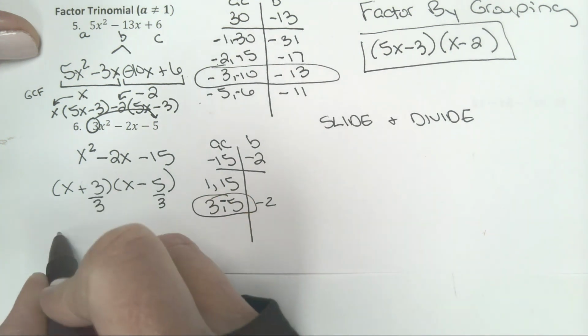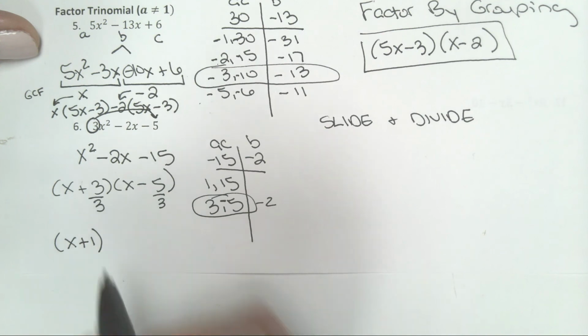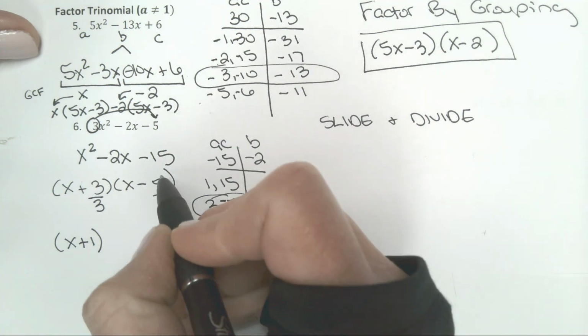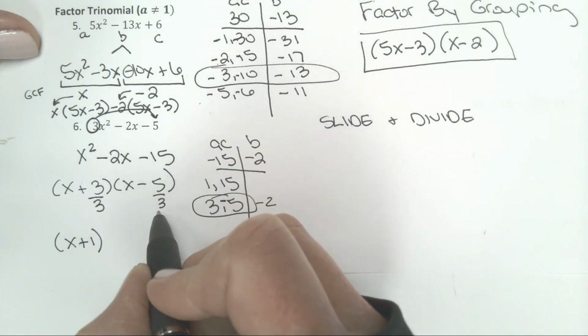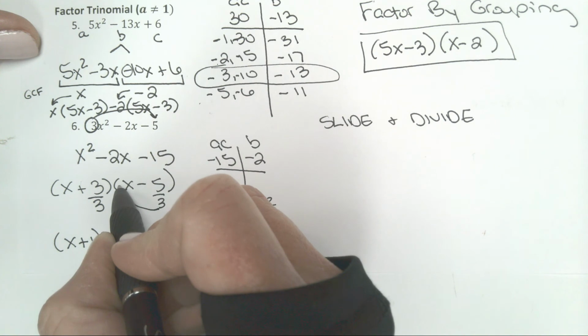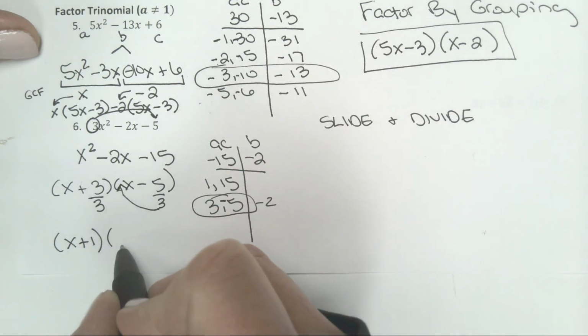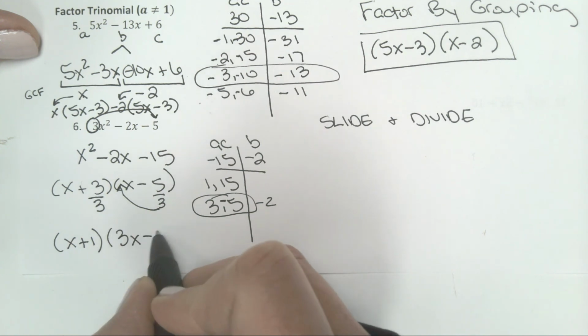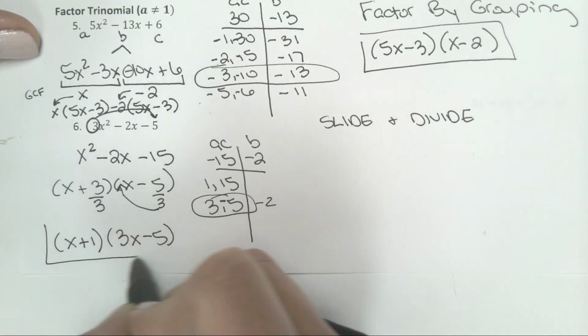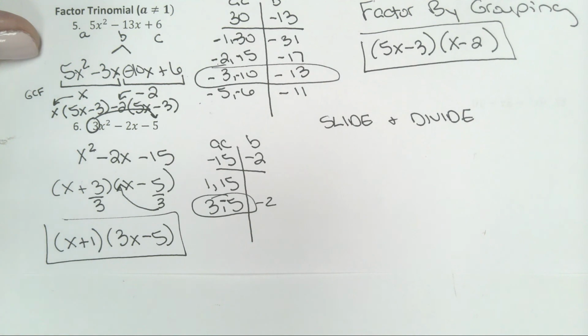So 3 divided by 3 is 1. So this is x plus 1. 5 divided by 3, that does not divide evenly. So if it doesn't divide evenly, you take this denominator and we're going to slide it up in front of that x. So that term becomes 3x minus 5.